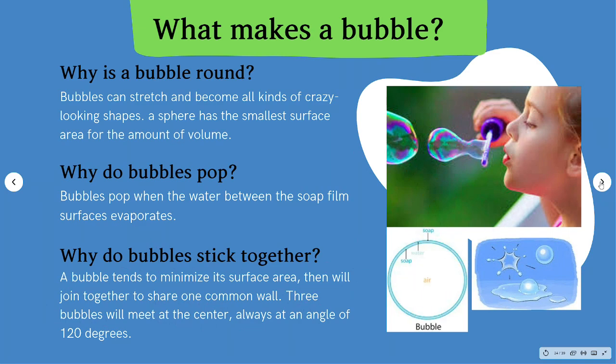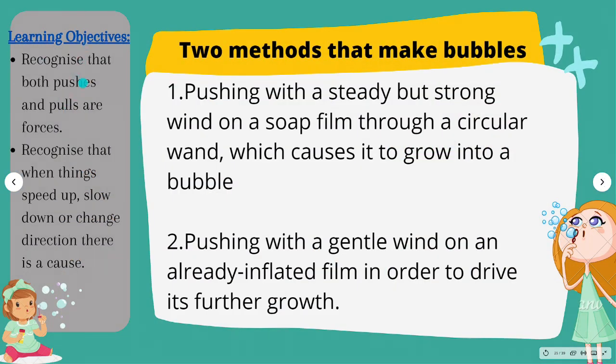In this lesson, you have recognized that both pushes and pulls are forces, and also recognize, after watching that video and the pictures that I've shown you, that when things speed up, slow down, or change direction, there is a cause. And this applies in making bubbles with its two methods.